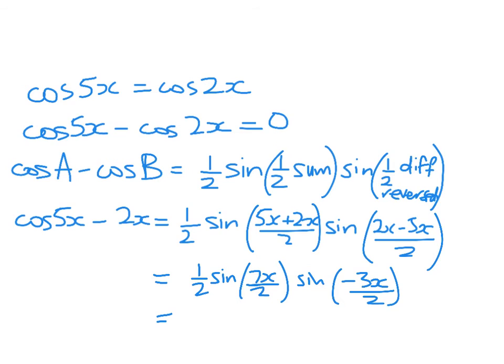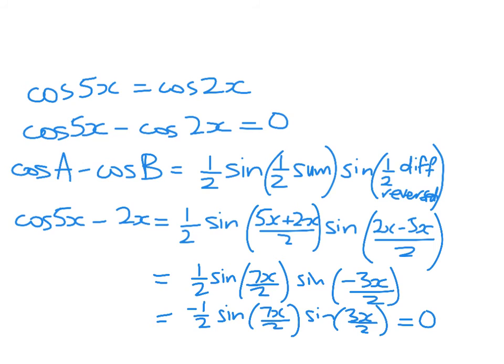But I know that sine is an odd function, so that's just the same as negative a half times sine of 7x over 2 times sine of 3x over 2, and we know that that equals 0. Now, if you're tempted to skip the next slide, I wouldn't, because I want to make sure that you've all got a good idea of how to draw these graphs and get all the solutions out from here.